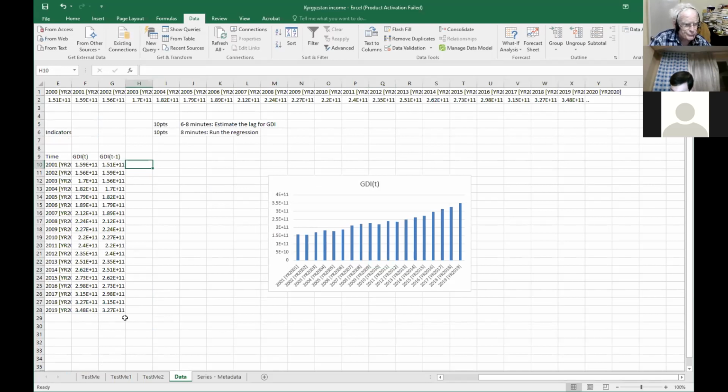So this is 3.27 times 10 to the power 11. 3.48.